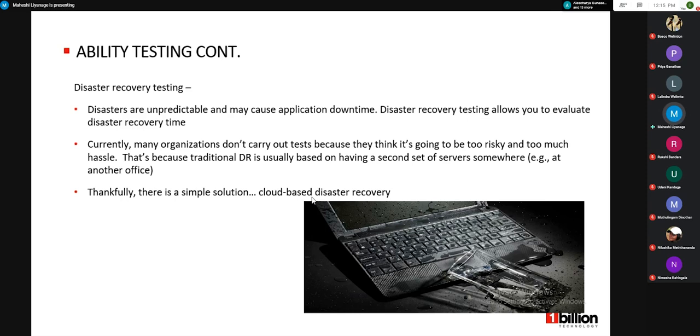You can simply pay for your capacity to fail over services when the need arises. And let's say you need to carry out a test, then you can simply boot up the required servers in an isolated environment. So without affecting your primary servers, you can test. So that's also a major advantage in cloud-based testing. And this is about disaster recovery testing in cloud.